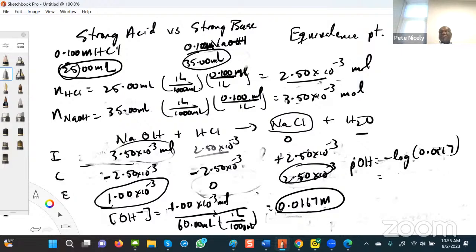Okay, so how many sig figs is this? 4 decimal places, so it should be 4 sig figs. So this is 1 point, almost made the same mistake again, 1.777, right? So that's the pOH. So therefore the pH, of course, would be 14.00 minus 1.777.